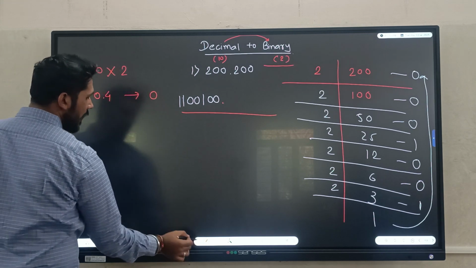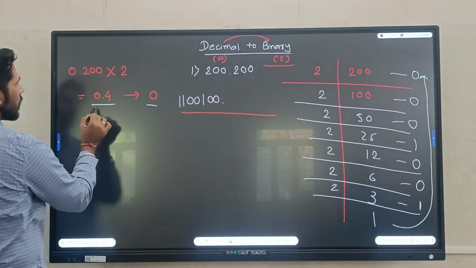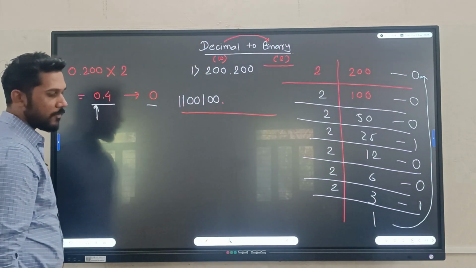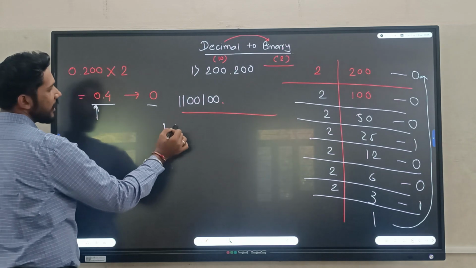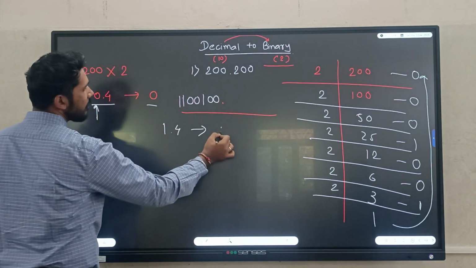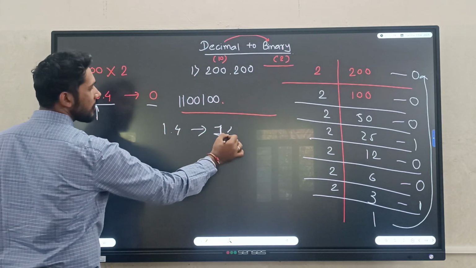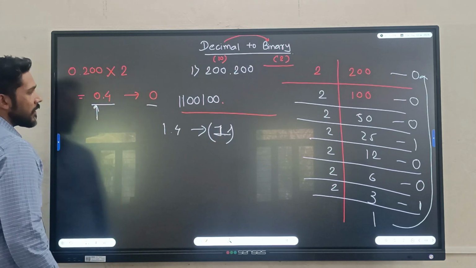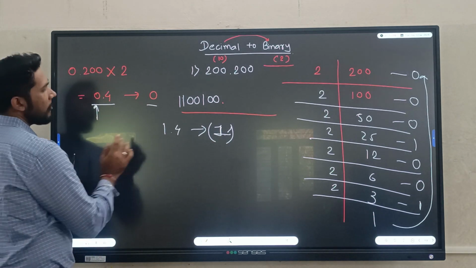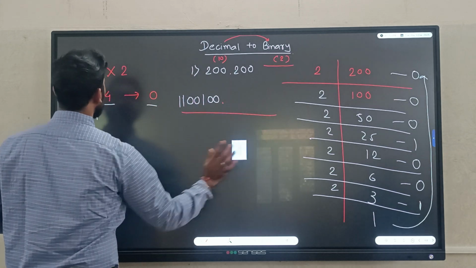So how do we write the remainder 0? If the number were 1.4, then I take the remainder as 1. But here 0.4 has no integer part, so we don't write any remainder.